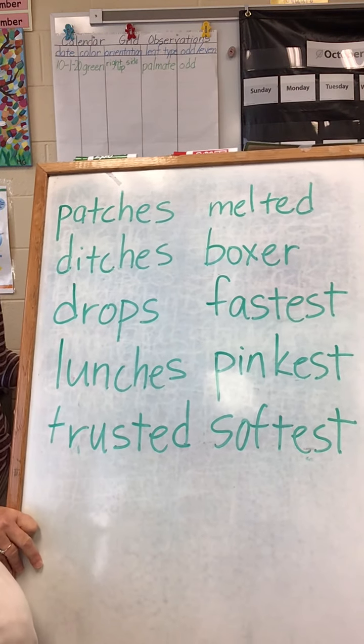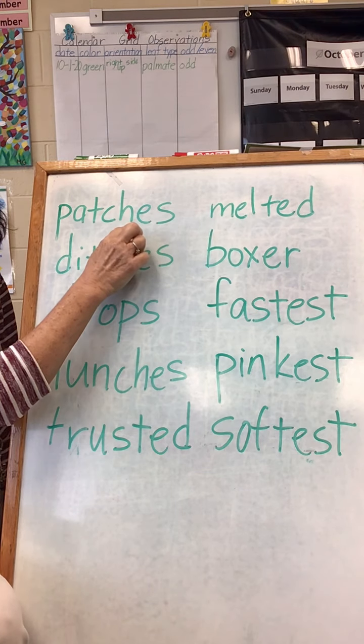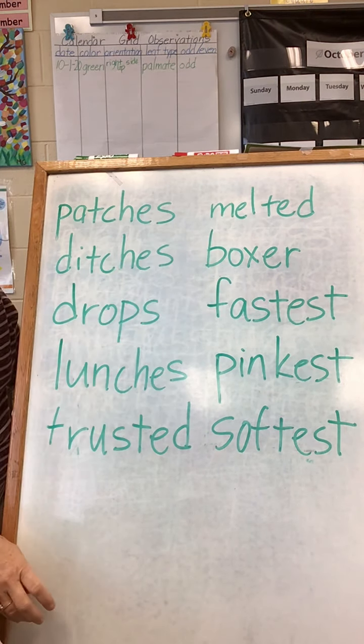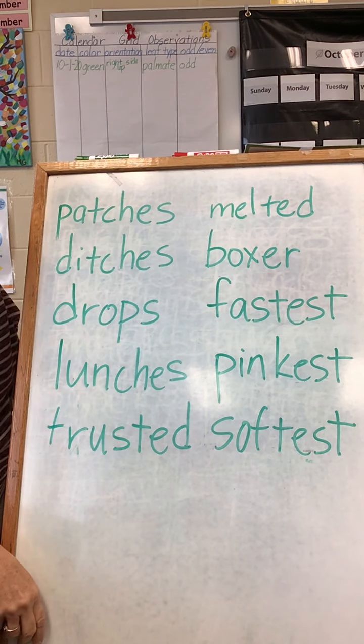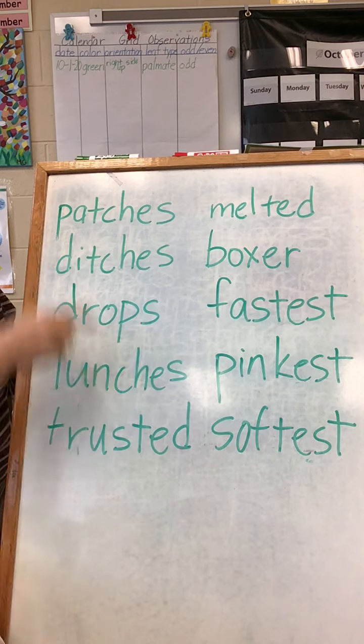All of these words have a base word, like patch, and a suffix, es: patches. Okay? Every one of these has a root word or a base word, and then it adds a suffix on the end. Here we go.